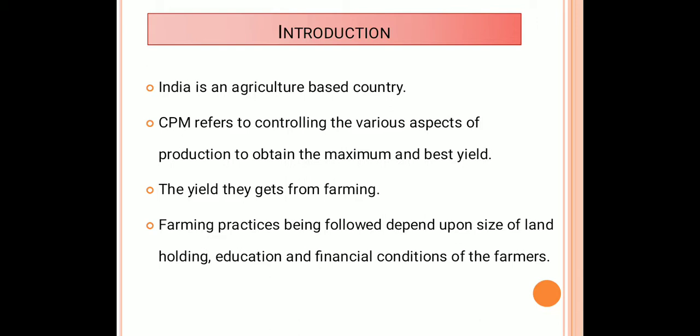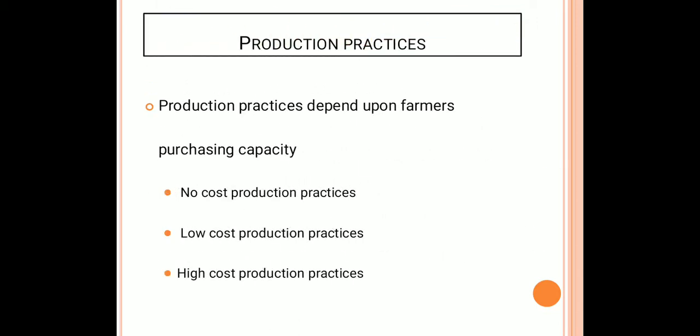Farming practices vary from one person to another. If they have a small size of land, their farming practices will differ. If they have more land, their farming practices also differ.